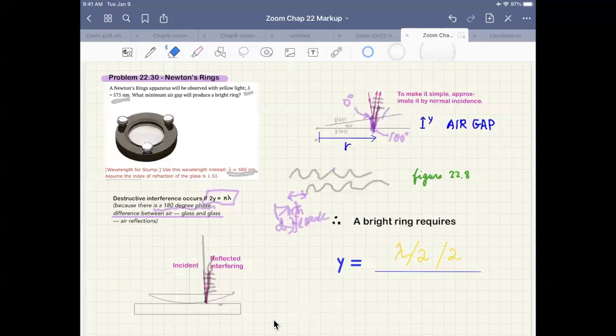But if the air gap is lambda over 4, then you'll get constructive interference. So the answer to the question, what minimum air gap will produce a bright ring, will be lambda divided by 4.